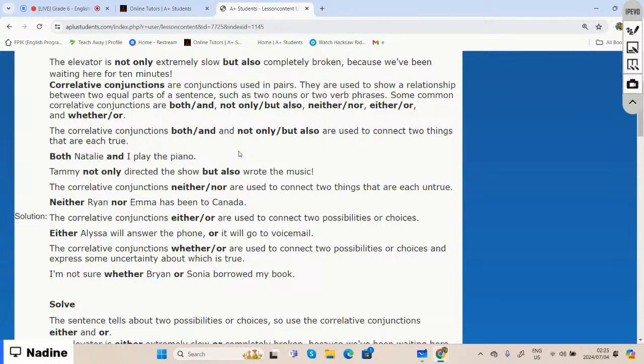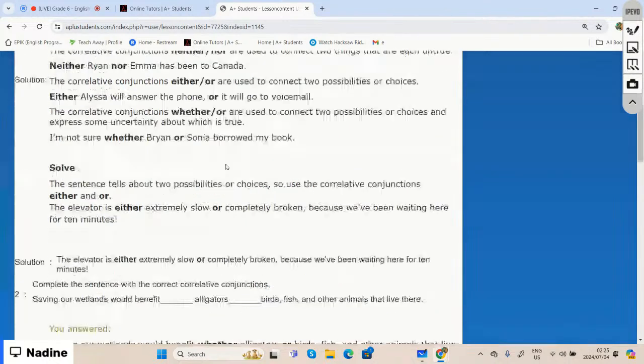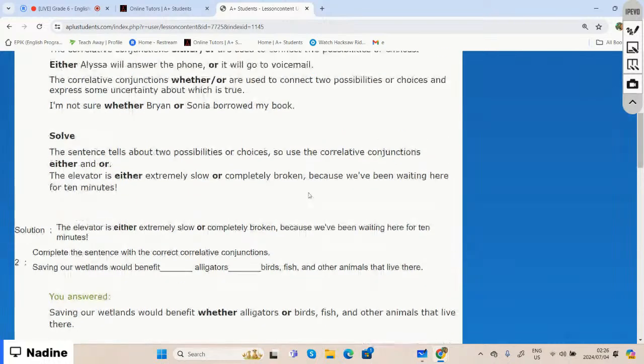All right. So we said that when we did our activity, it's actually the elevator is either extremely slow or completely broken, but we've been waiting here for 10 minutes.